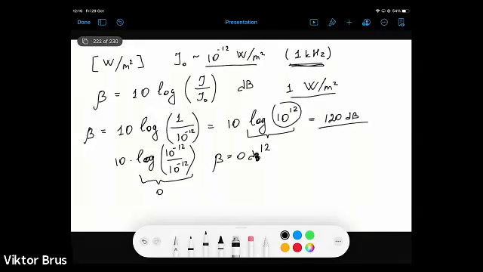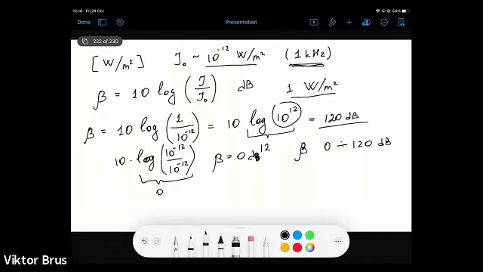And you can see now that decibels, beta, change from 0 to, say, 120 decibel.